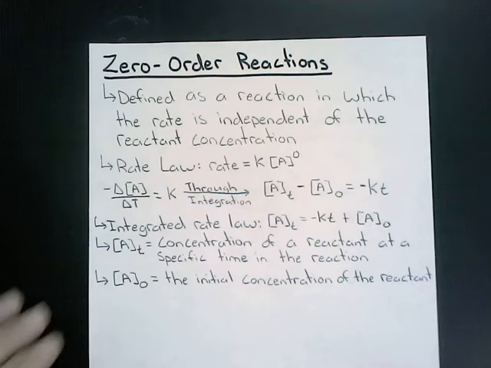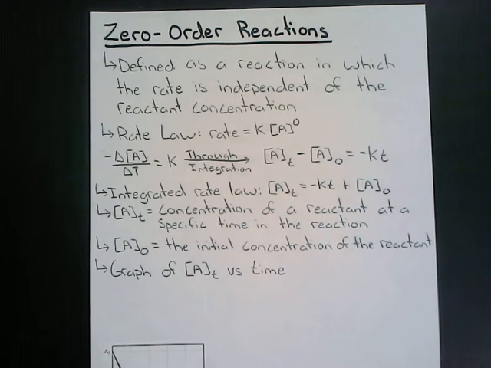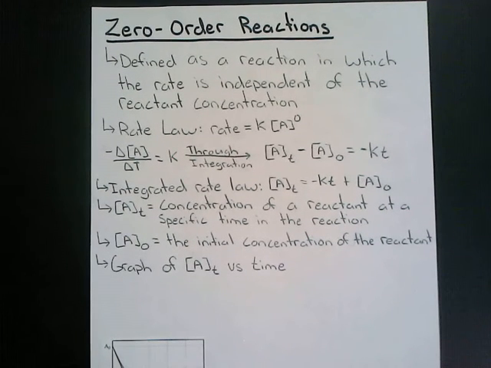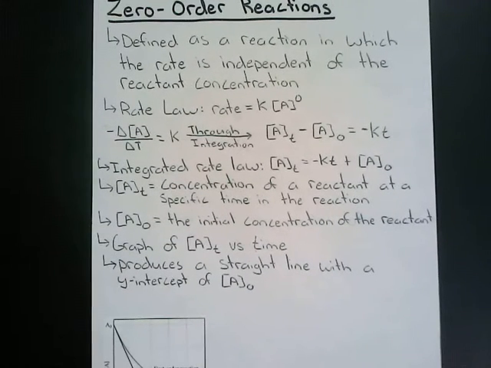Once more, we need to talk about the graph of the concentration [A]t versus time. So we need to know this. This is going to produce a straight line with a y-intercept at the initial concentration, or [A]0. And the slope of this graph is going to be negative k, or negative the value of the rate constant.